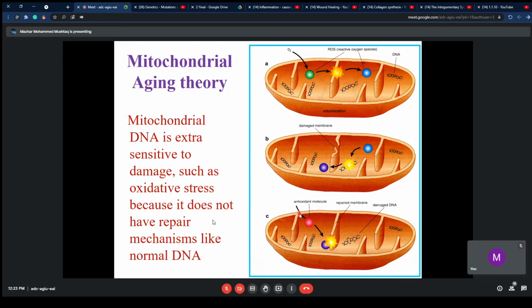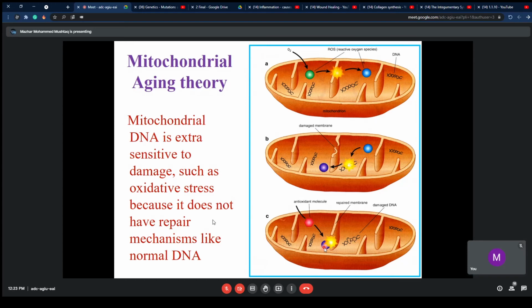And here they have shown an antioxidant molecule. It is the antioxidant molecule that destroys, or scavenges, the ROS, the oxygen free radicals which are produced.